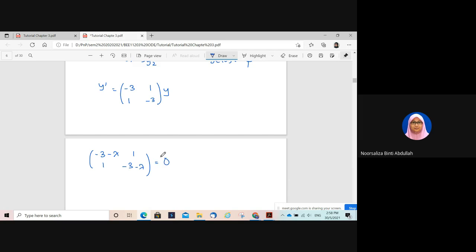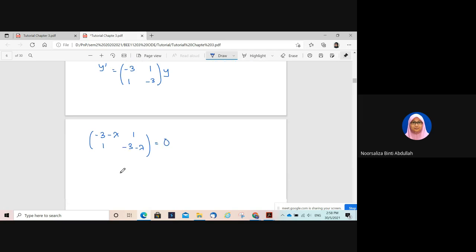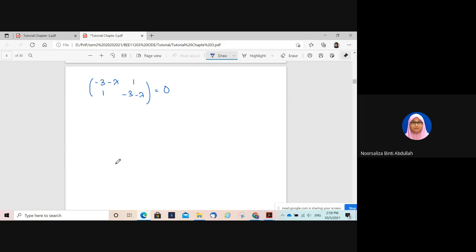Okay, equals to 0. Then here is minus 3 minus lambda, minus 3 minus lambda, minus 1 equals to 0. Kita kembangkan yang ini. Minus 3 times minus 3 is 9, minus 3 lambda, minus 3 lambda, plus lambda square, minus 1 equals to 0.